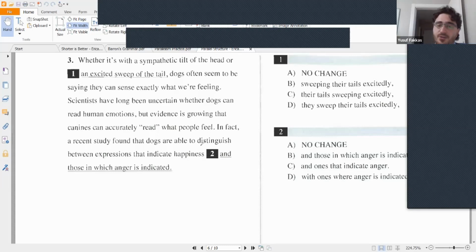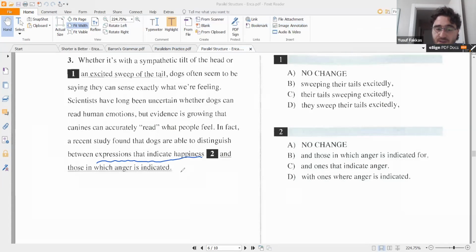Do you think there is something wrong or do you think it's fine? There's something wrong? What is it? Here we have expressions that indicate happiness. That's active. Yes. But here, in which anger is indicated, that's passive, and that's not parallel.